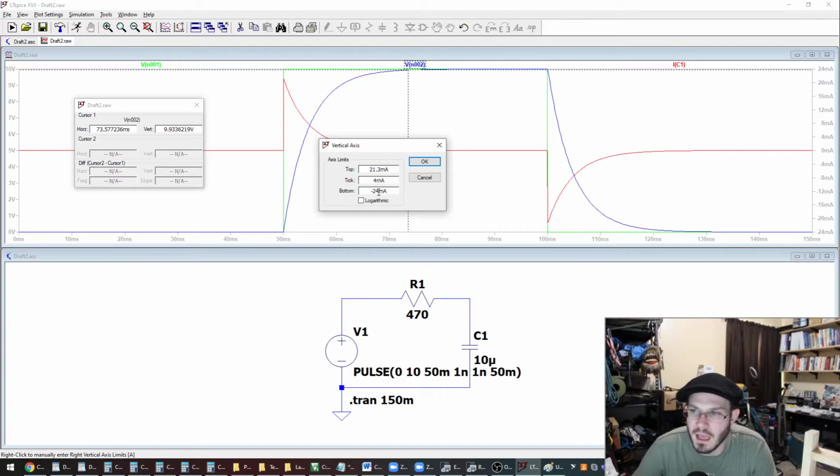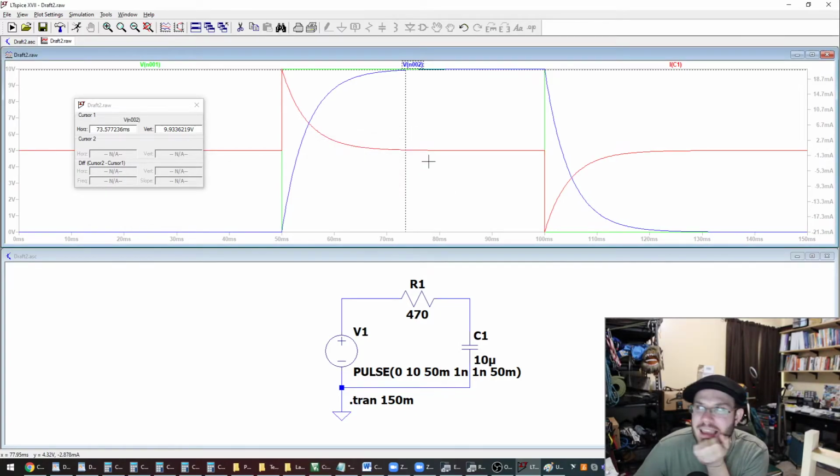Similarly, I'm going to make the bottom be minus 21.3. And I think this should, yeah, okay. Now everything is matching up.